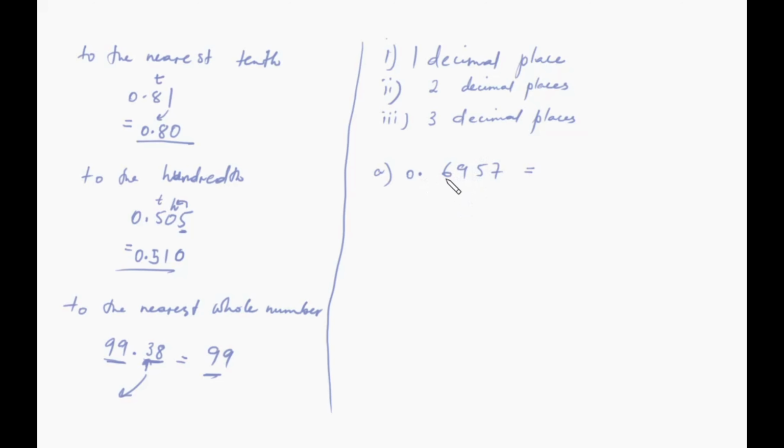If you are asked to write this number to one decimal place, it's the same as saying write it to the nearest tenth, because one decimal place is a tenth. It's here. So we want to write it up to here.